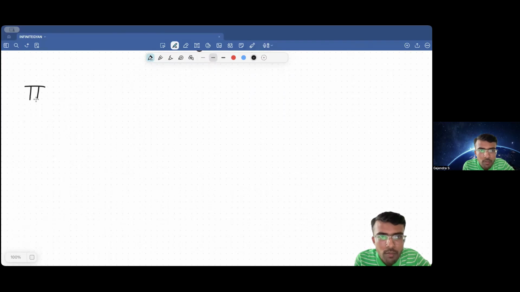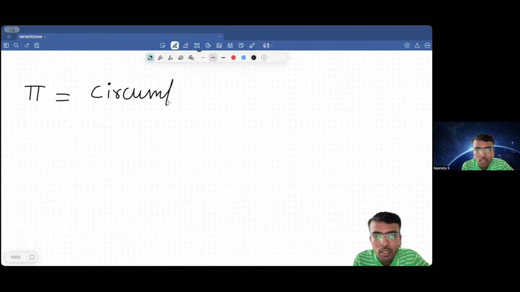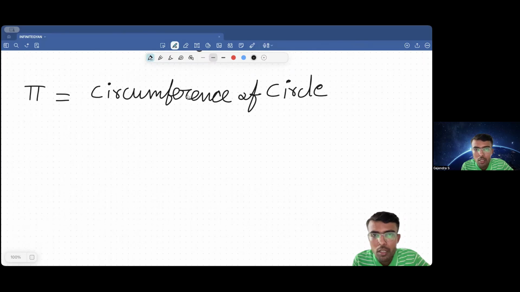So pi is basically the ratio of the circumference of a circle and its diameter, right? So it is the ratio of the circumference of the circle and the diameter of the circle.